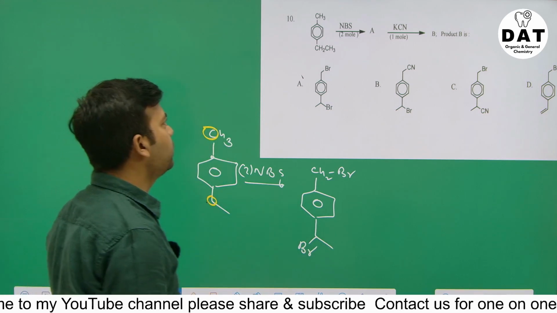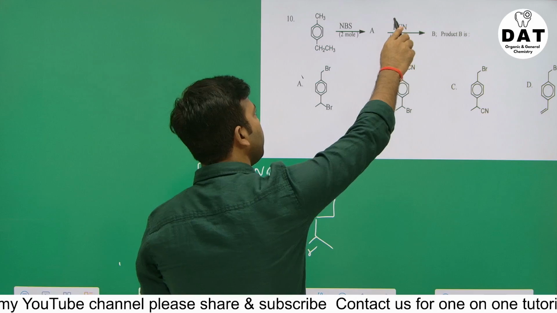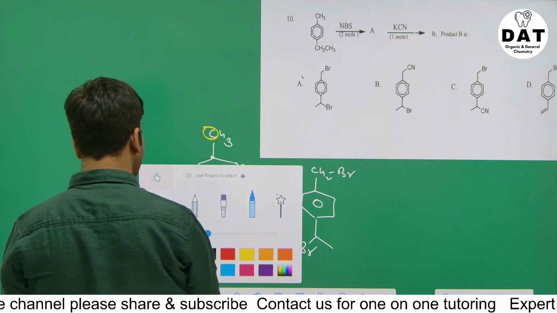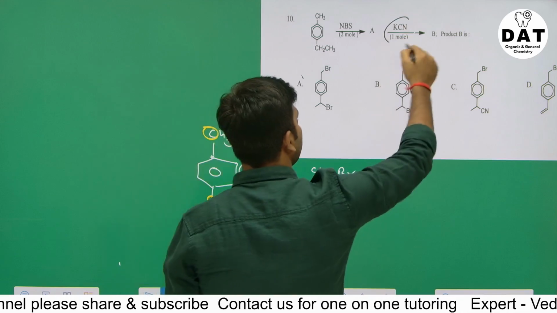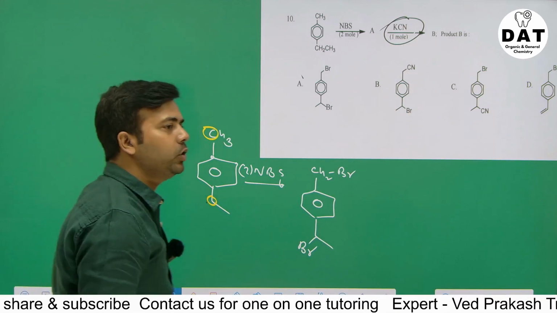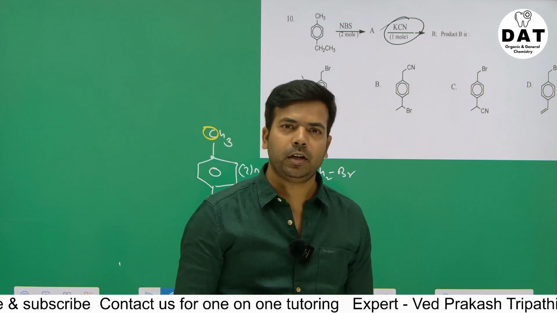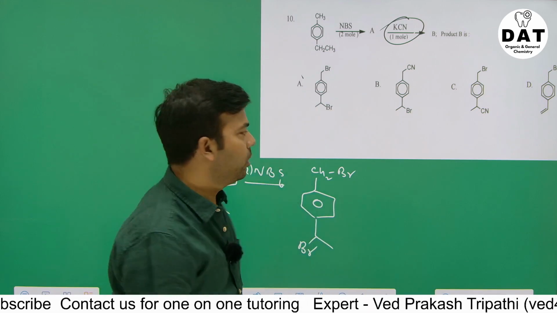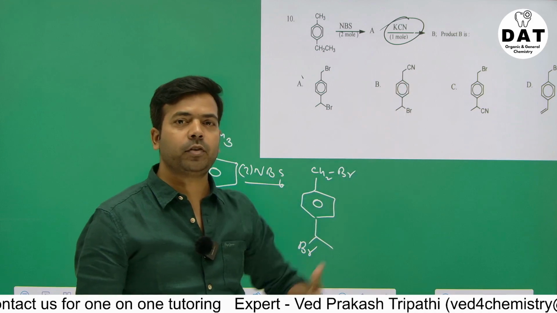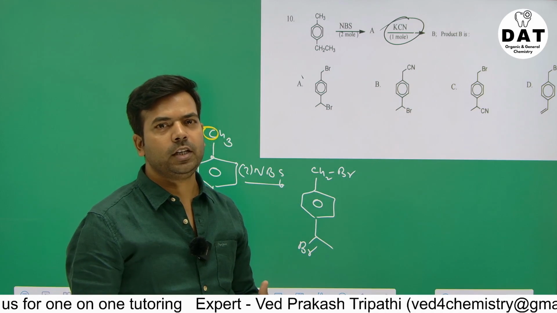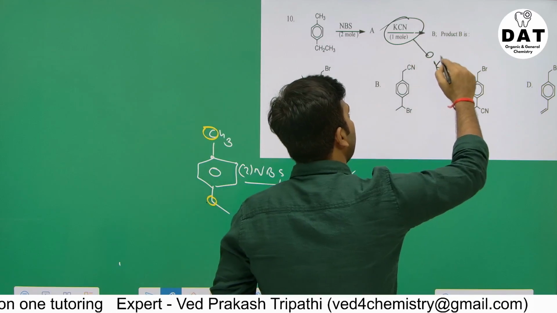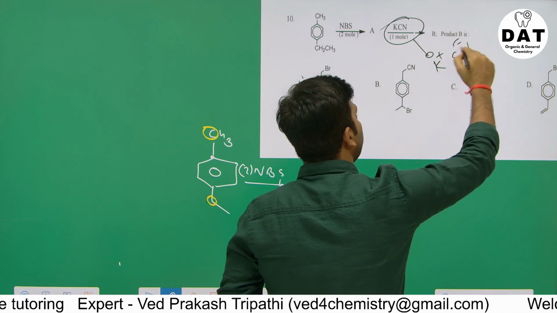Now the next is we have KCN, 1 mole. So it means you have to choose any one bromine; this is a nucleophilic substitution and you have to eliminate any one bromine. First of all you should identify the nature of KCN. KCN is a strong nucleophile. Why? K plus CN minus, so this is negatively charged.